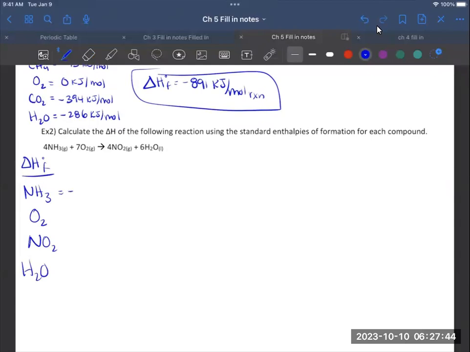NH3 is negative 46. O2 is 0. NO. And H2O.